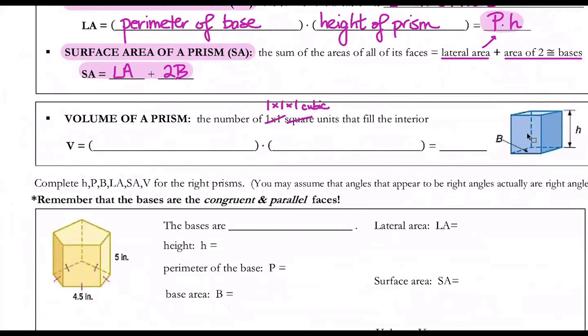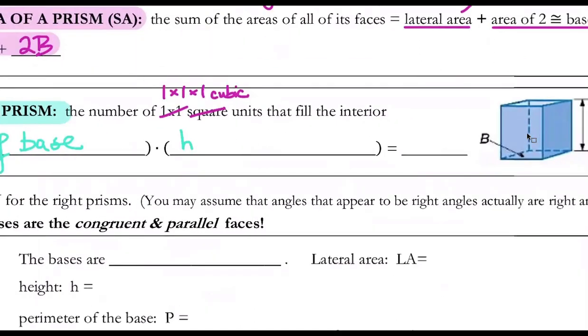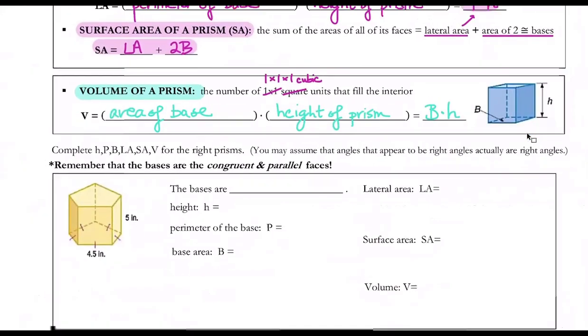The volume of a prism is calculated by finding the area of one of the bases and then multiplying by the height of the prism. So that'll be capital B times little h.